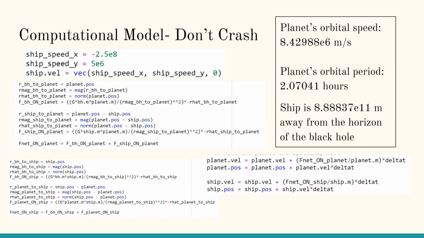And then we use gravitational force again, of the ship on a planet, to calculate orbital period and orbital speed, which is what the code outputted.